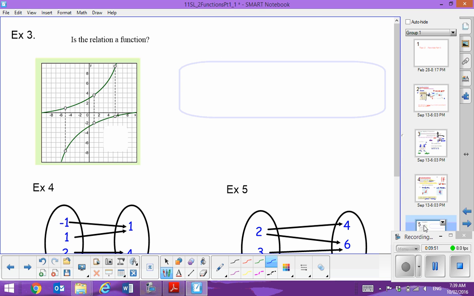Here's another example. Would you call this a function? No, because you can already see those vertical lines drawn in here, where we get two x values. So no matter where we take here, we're getting two x values for the same y value.